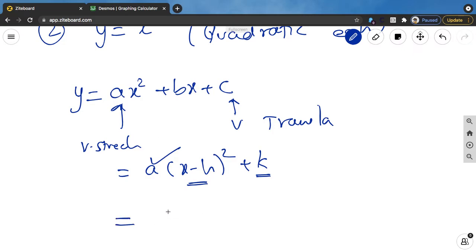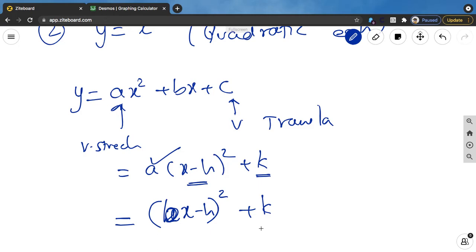Or I can think of it in some form like this, maybe some b times x plus c. So I can think of it as also a horizontal compression. So the way I write the quadratic, I can think of it in different forms, correct?